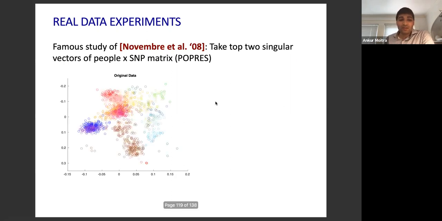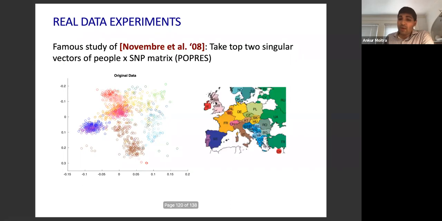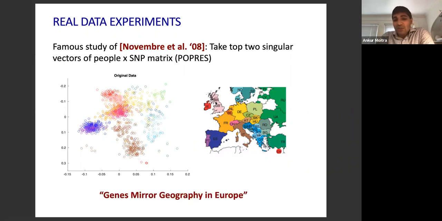And when you project the data on those 2 directions and color code it with where those people are from, you get the map of Europe, which is pretty amazing. So this is called genes mirror geography in Europe. Now, if this is the first time you're seeing it, it's kind of wild. It makes some sense because, what should be the directions of largest genetic variation?